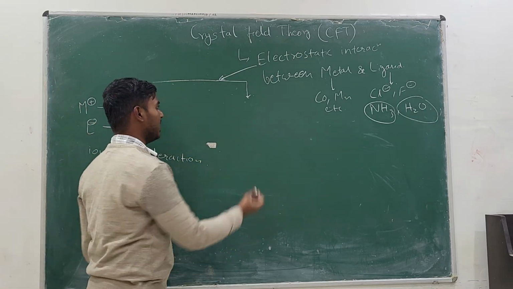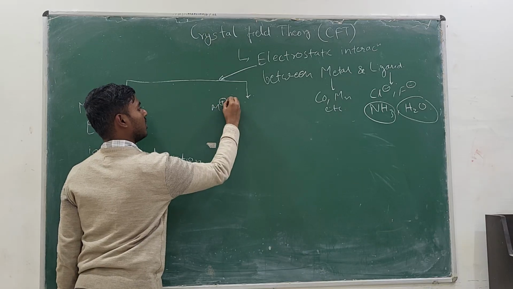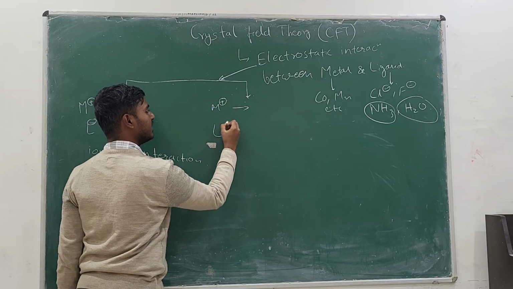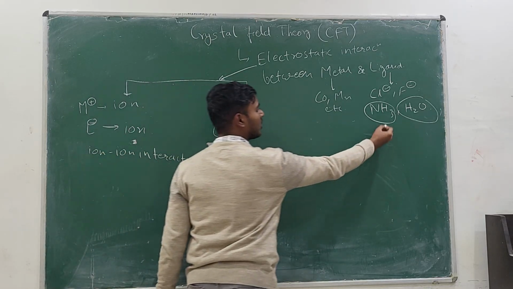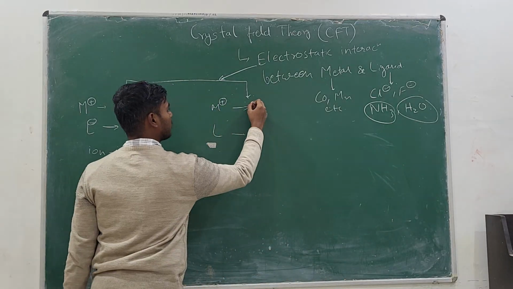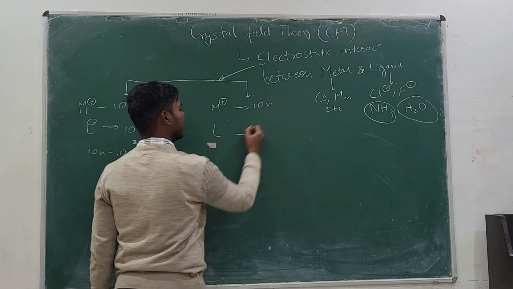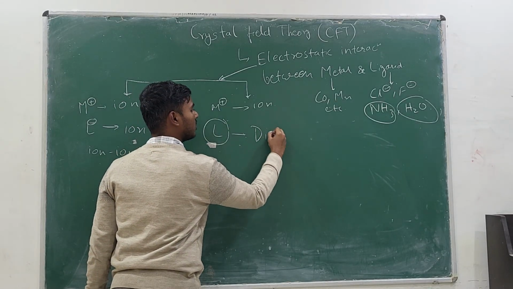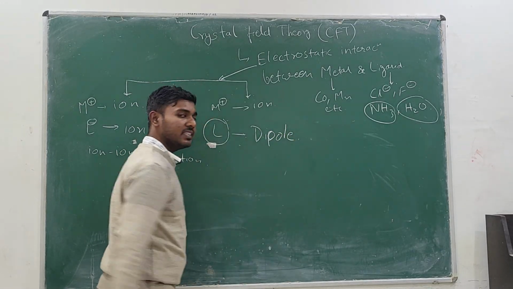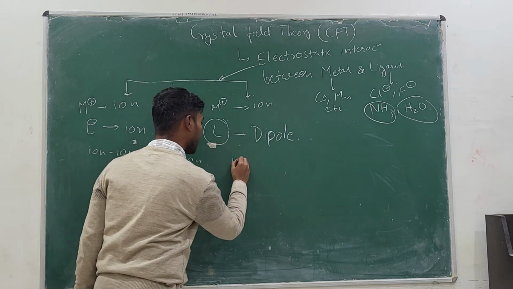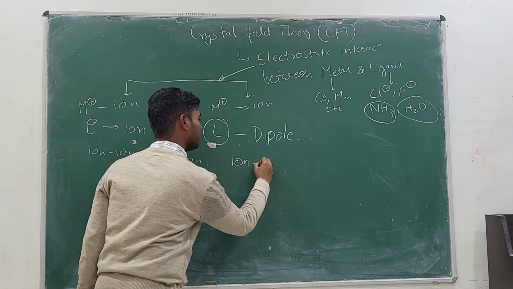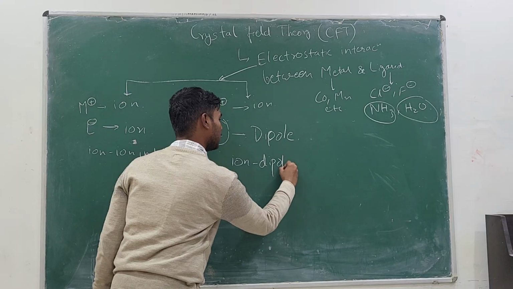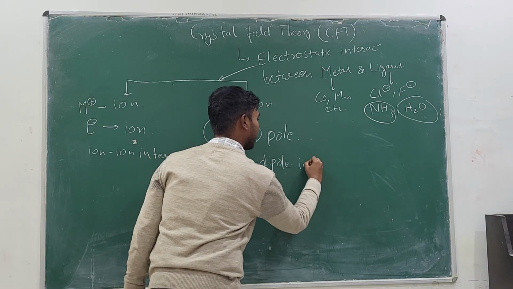Whereas when our metal is charged and our ligand is neutral, like in the case of ammonia and water, this one is our ion and this neutral ligand is considered as a dipole. So in this case it is the ion-dipole type of electrostatic interaction.